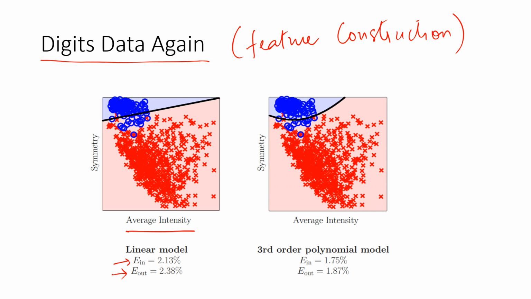Now, if I try to fit the third order polynomial here in this digits data itself, well, you can see that it's fitting better, right? It fits much better actually. And there are fewer misclassified points because it is including some of those at the borderline, right?